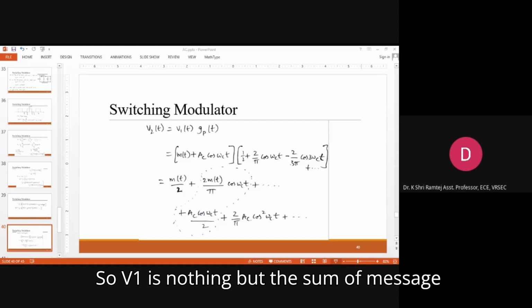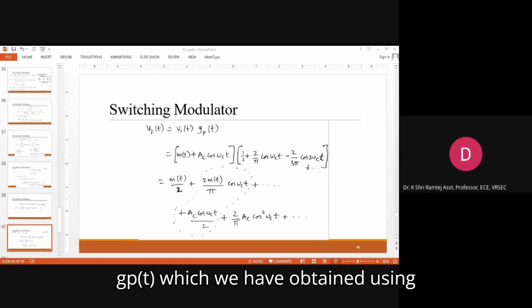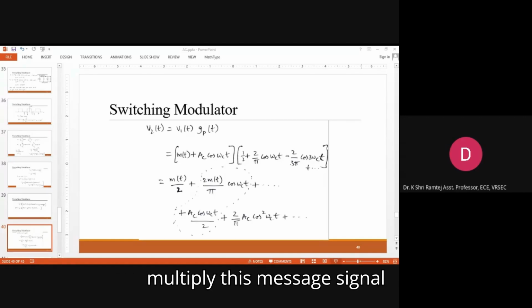So V1 is nothing but the sum of message signal and carrier signal, and this is the expression for Gp of t which we have obtained using Fourier series expansion. So now if we multiply this message signal with all these terms, we get m of t by 2 plus 2 by pi m of t cos omega ct and so on.